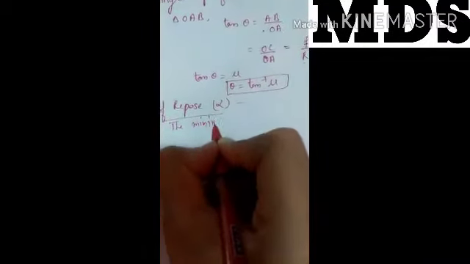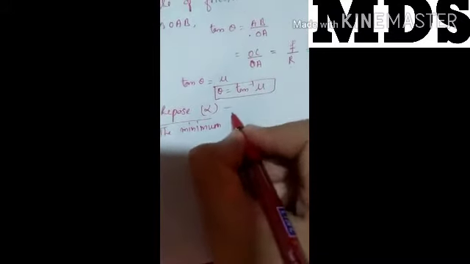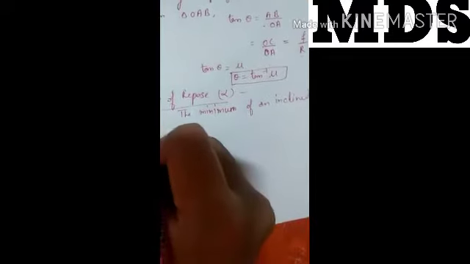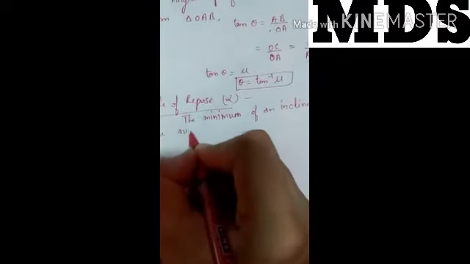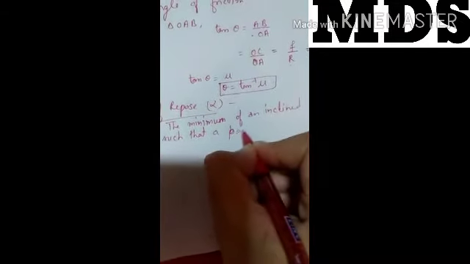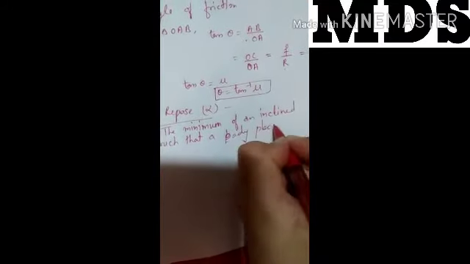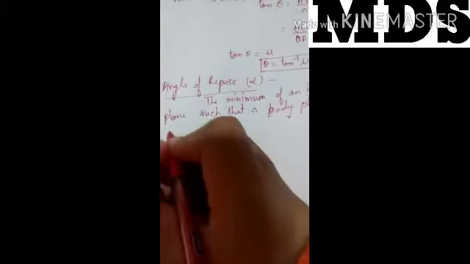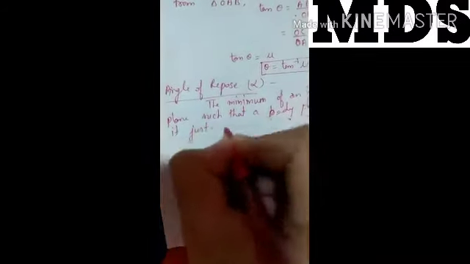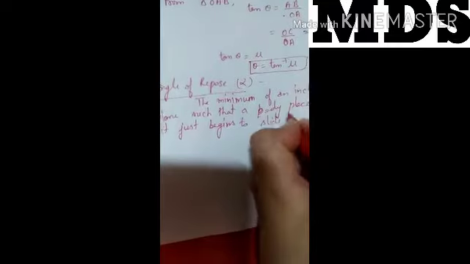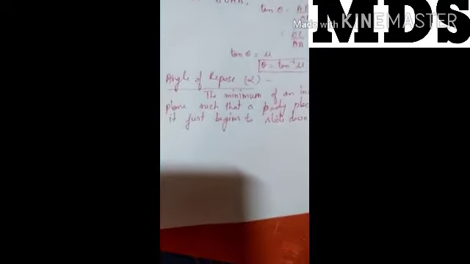Then angle of repose: the minimum angle of an inclined plane such that a body placed over it just begins to slide down, that is the angle of repose.